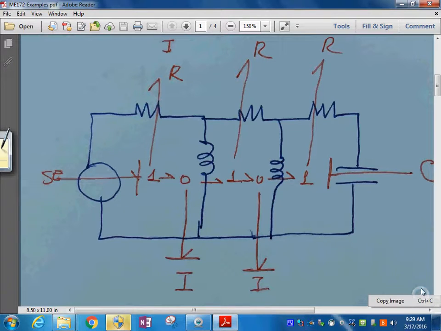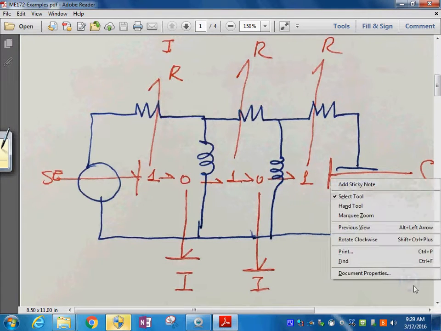We have now three loops. On these three loops, you have this one in here that represents the current on this loop, the other one that represents the current on the second loop, and the other one that corresponds to the current on this loop.